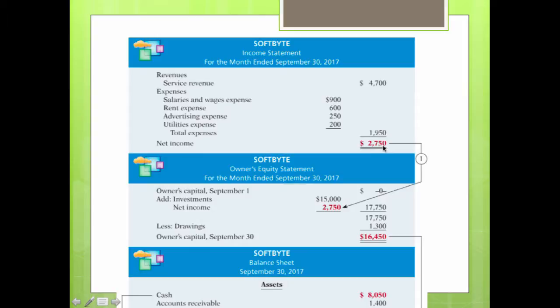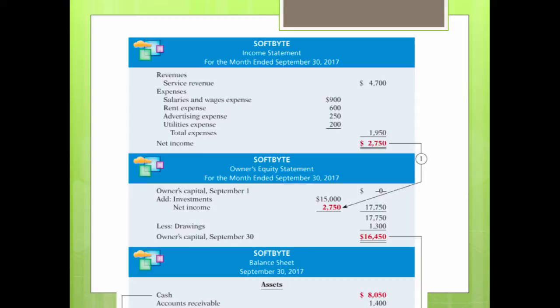So we take that balance and record it under the net income under the owner's equity statement. If during that month you had a net loss, you will record it here as well in the same space, but you will record it as net loss instead of net income.